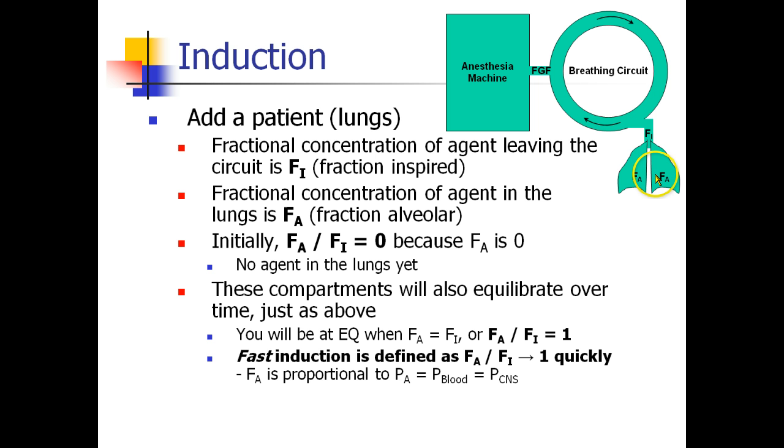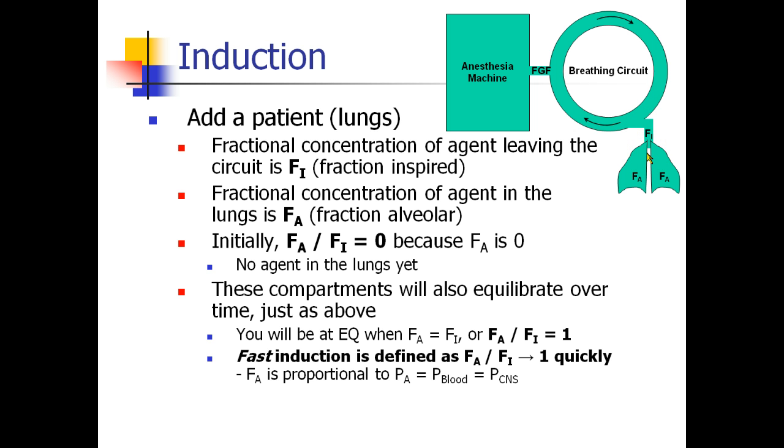Now these compartments will equilibrate over time, just as the system equilibrated above when there were no lungs attached to the system. And we can define this system as being at equilibrium when Fa and Fi are the same, or when the Fa to Fi ratio is 1. And a fast induction would mean that this ratio approaches 1 very quickly.